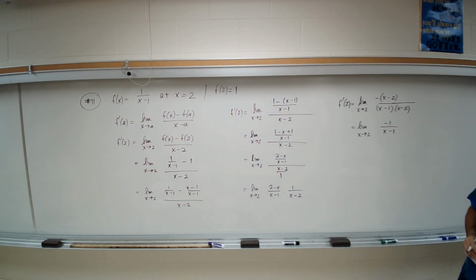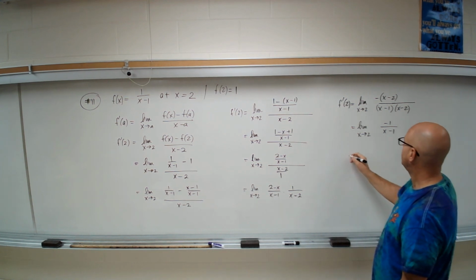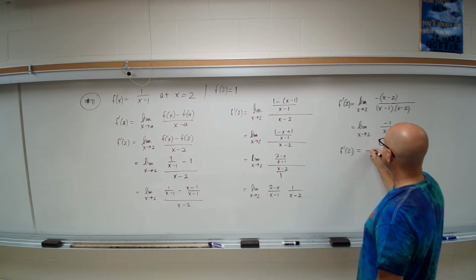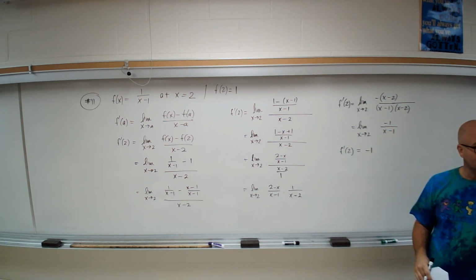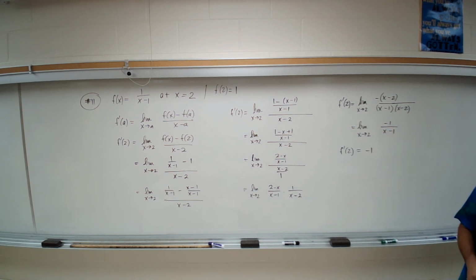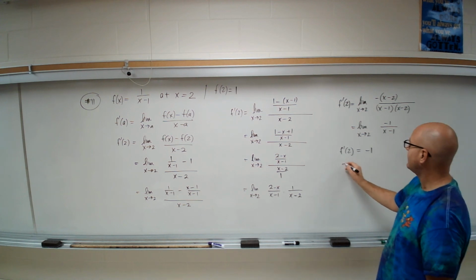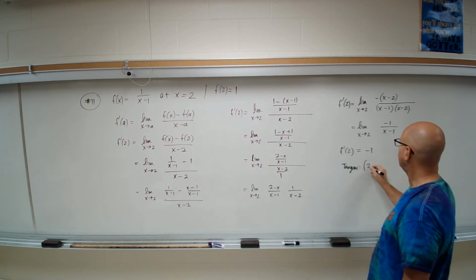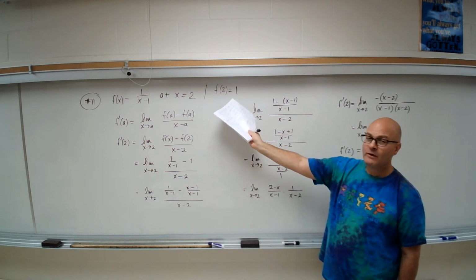At this point, we can go ahead and plug in with direct substitution. So we'll get -1 over 1. That gives us that f prime of 2 is going to be -1. So that's going to be the slope of our line, correct? So for our tangent, we had the point 2, 1, which is all the way back here.